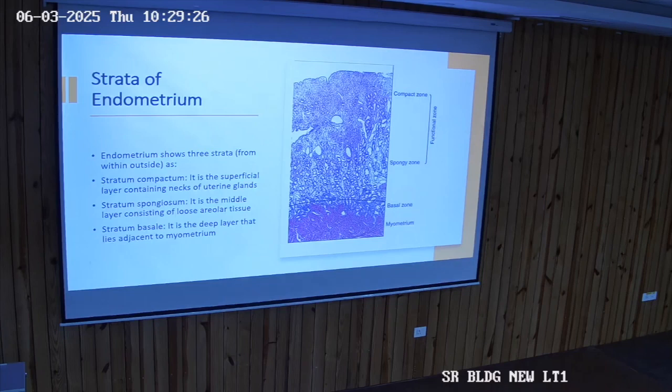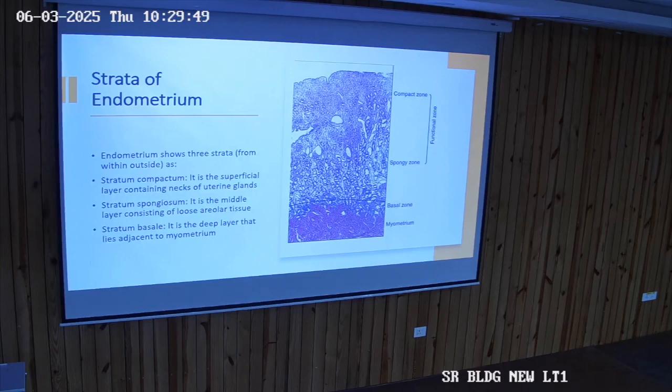Only the first layer, that is the functional layer, is going to change, which is constituted by stratum compactum and stratum spongiosum. So two layers keep on changing, keep on growing and keep on shedding off. Stratum compactum is the superficial layer which contains the neck of uterine glands.